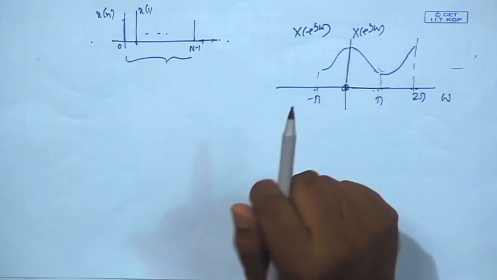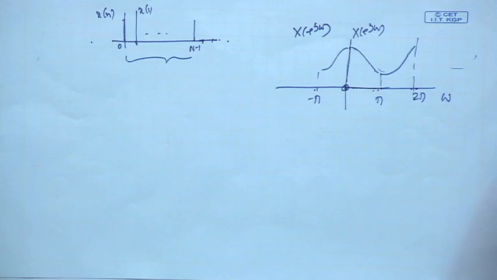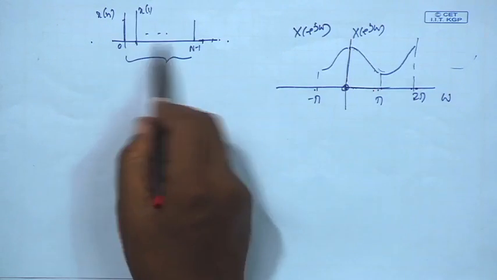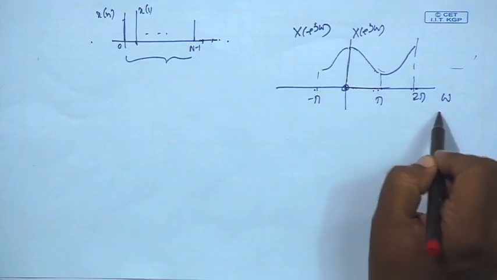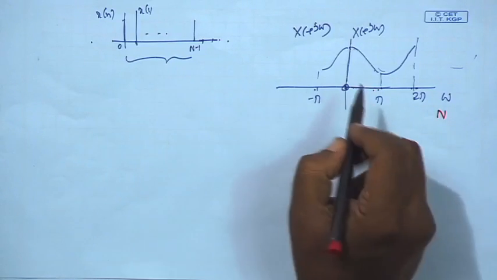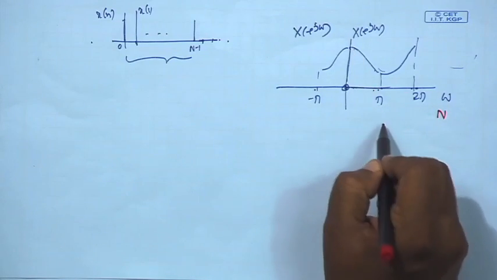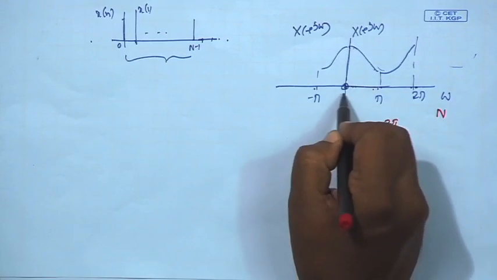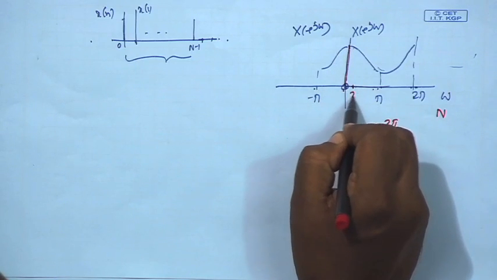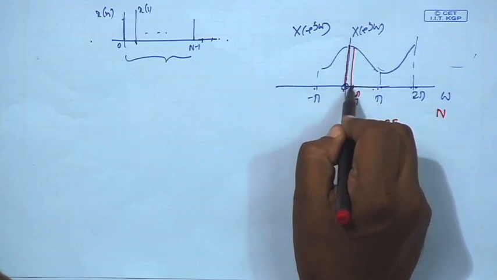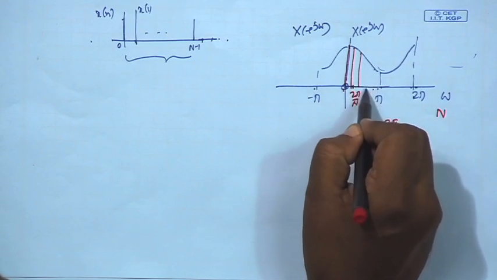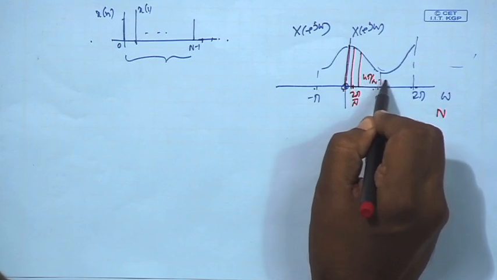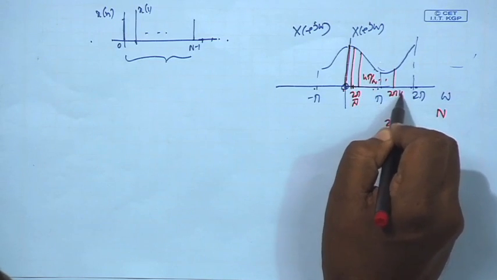So, you cannot store them, but I told you that this is not required. If the length is capital N, you should take N samples of this at a sampling period 2 pi by N. So, 0 one sample, then 2 pi by N another sample, then 4 pi by N another sample, up to 2 pi.